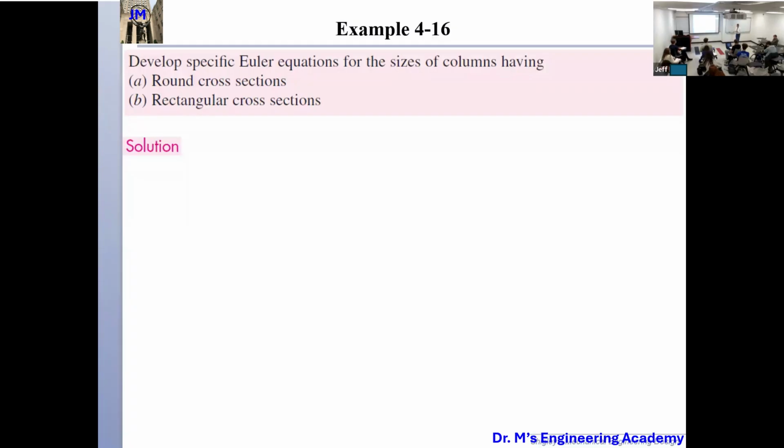You guys agree? B is the base and H is the height. And A, the cross section, equals B multiplied by H. Then I is given, A is given. Now we still use K, and K is the square root of I over A.